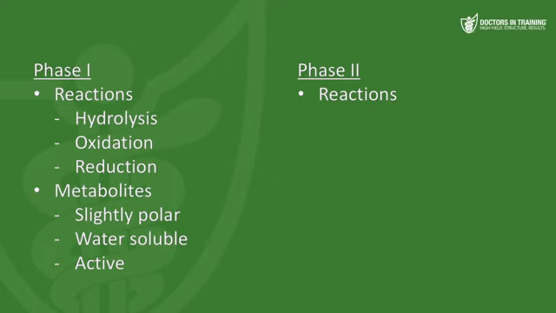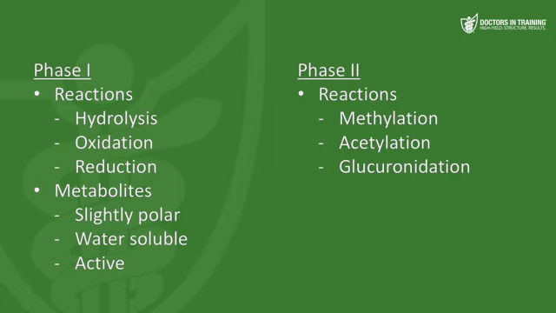And then phase 2 reactions include things like methylation, acetylation, glucuronidation, or sulfation. These are all examples of conjugation reactions. Conjugation means that you're joining the drug to some other molecule, like adding a methyl group or adding an acetyl group. Or you're conjugating the drug to glucuronic acid, or to sulfate, or maybe glutathione.